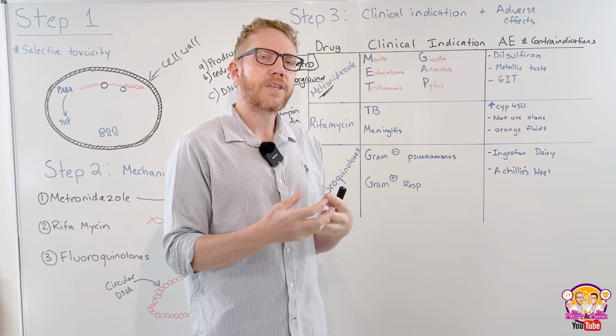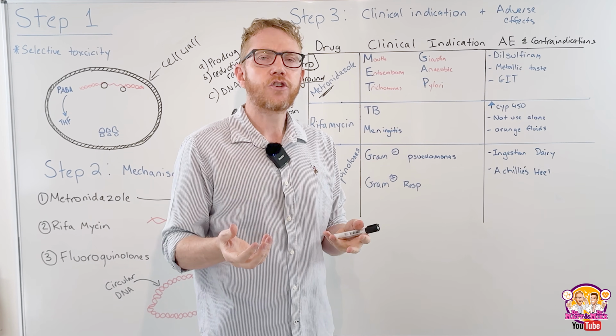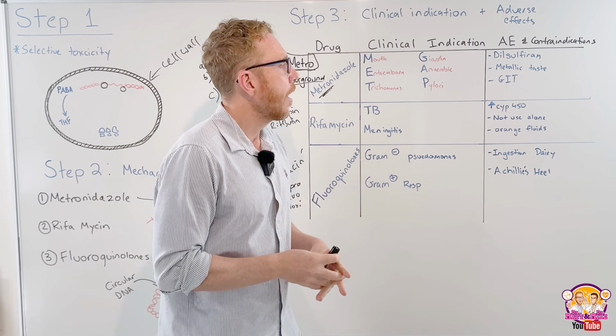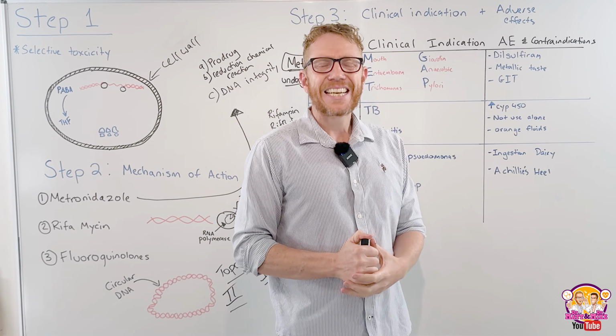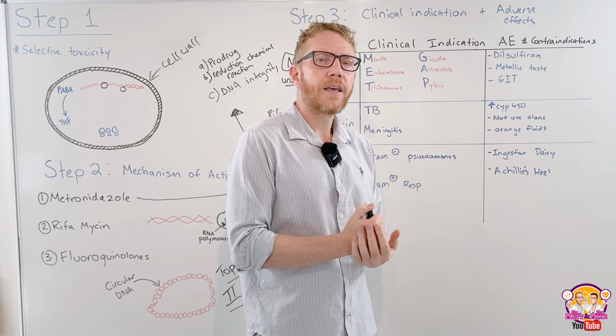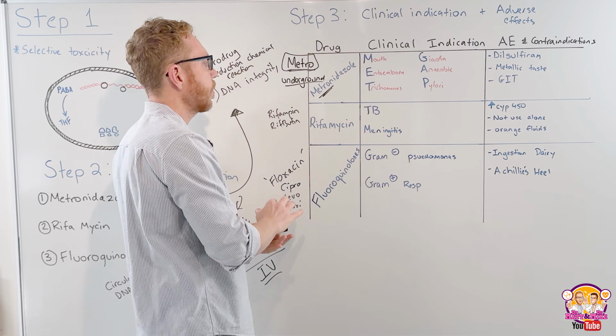For those individuals that are susceptible to this, they can get flushing, hypotension, so low blood pressure, fainting, or quite extreme nausea. In some other individuals, they get a metallic taste with this antibiotic, but most commonly certain GI complaints like nausea, vomiting, diarrhea. So that's the metronidazoles.